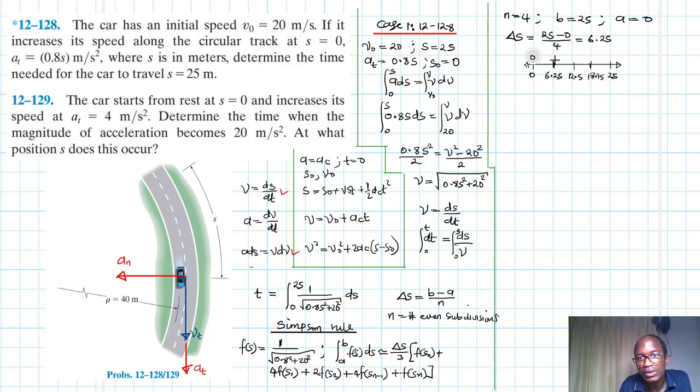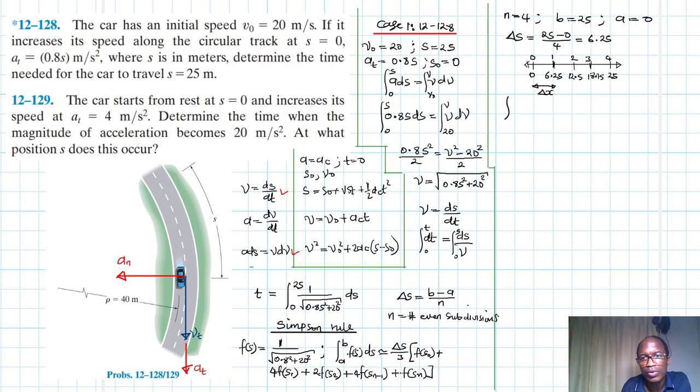This one is our 0, this is our 1, 2, 3, 4. Of course, this difference here is our delta x.